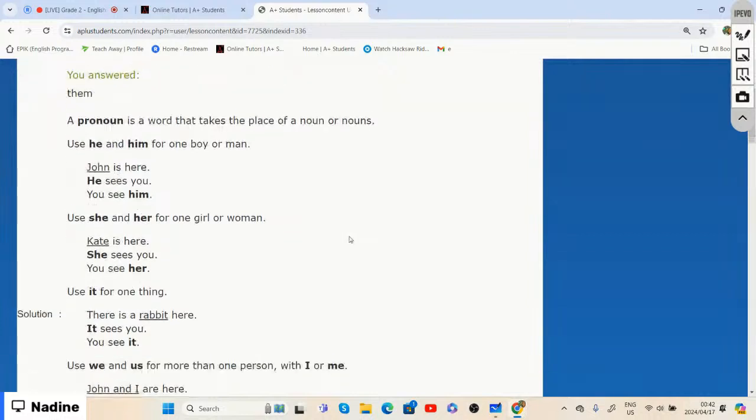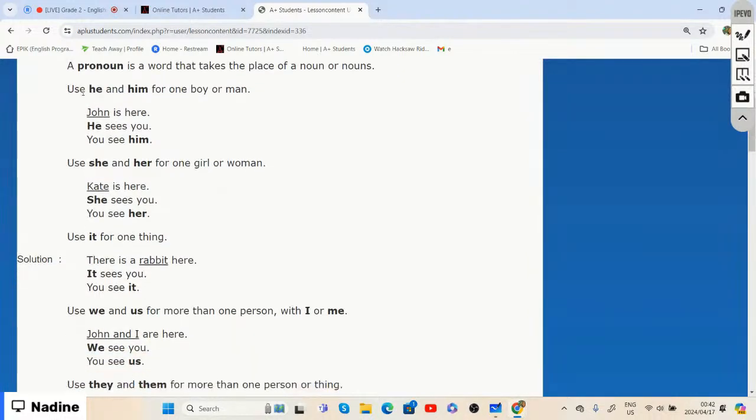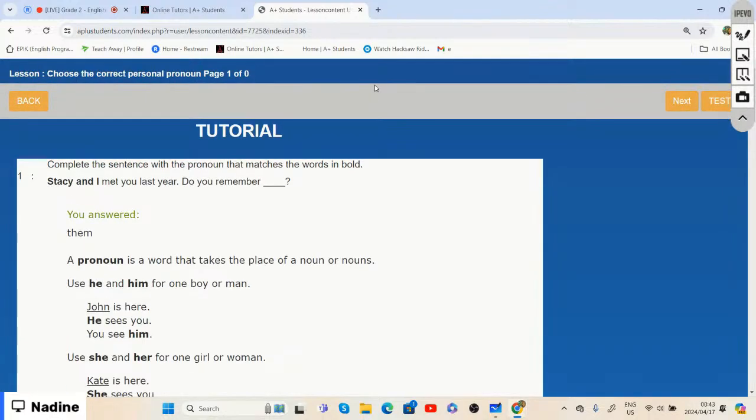So we can either use he or him to refer to one boy or a man. For example, John is here, he sees you, you see him, right? Or we can use she or her, or it, or we, or us, right? Those are all personal pronouns.